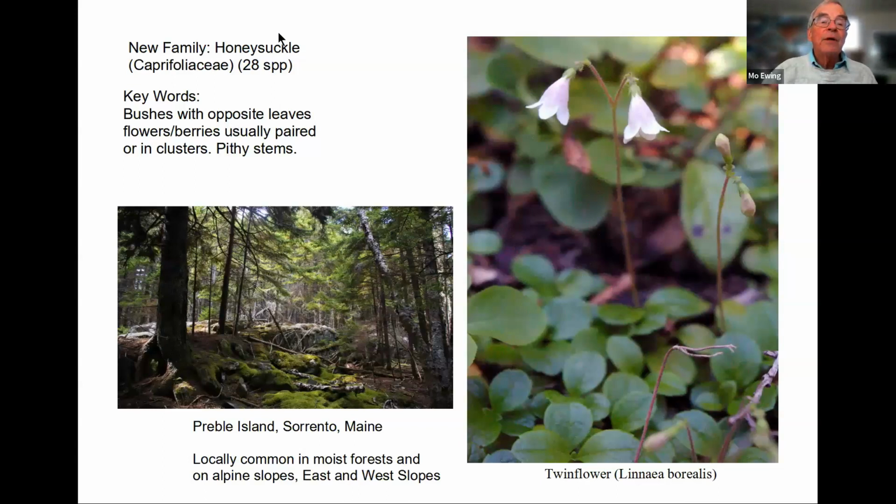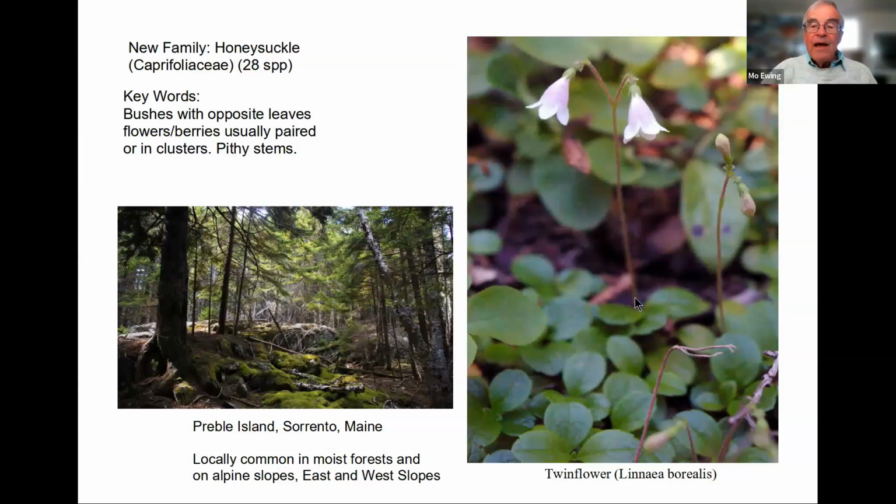It falls into a new family called the honeysuckle family, Caprifoliaceae, with 28 species. The key words are bushes with opposite leaves, which you can't really see here because they're down here, but with flowers and berries usually paired. So here you see a pair of flowers, and they'll turn into berries.